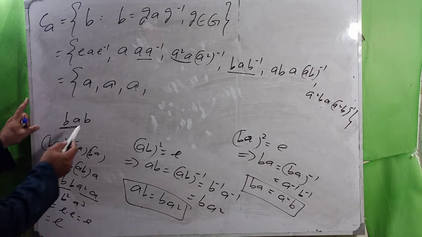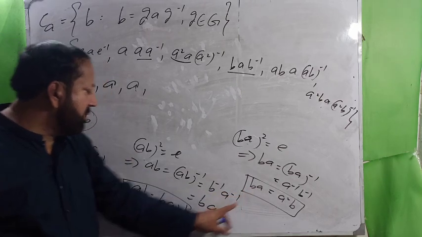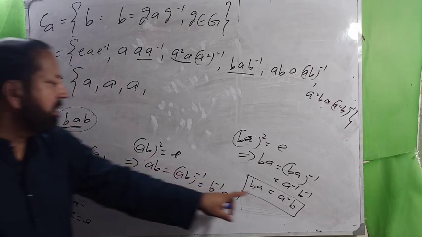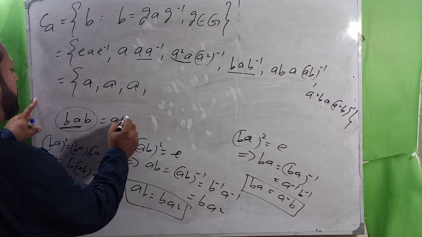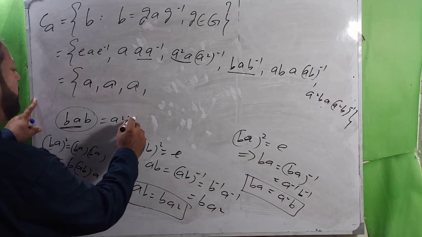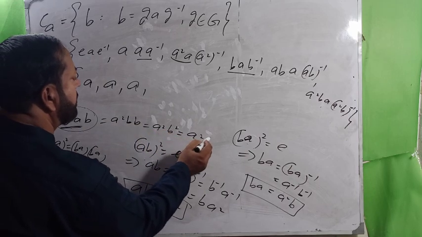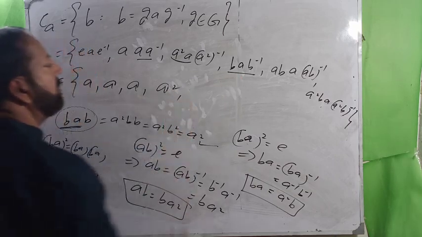Now BAB can be written as either you use this or you can use this. You are free to use. Now BA is A square B, and then B. So this is A square B square. This is A square. Right. So this one is A square.